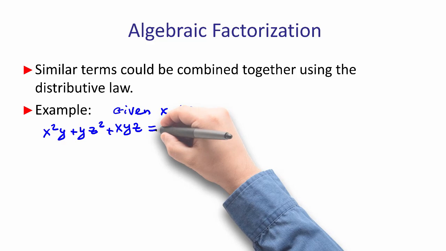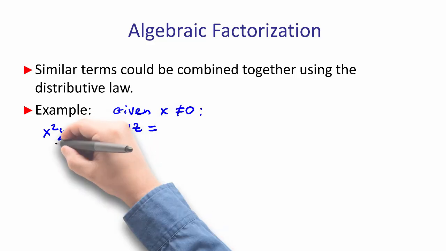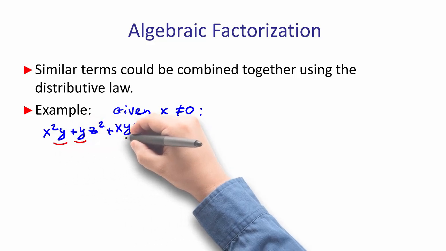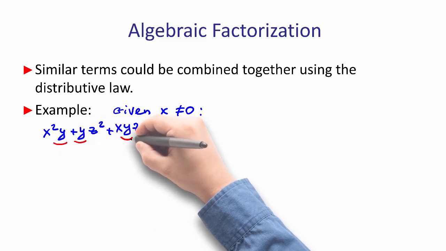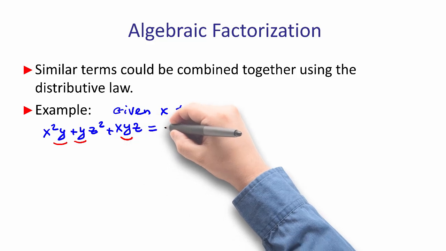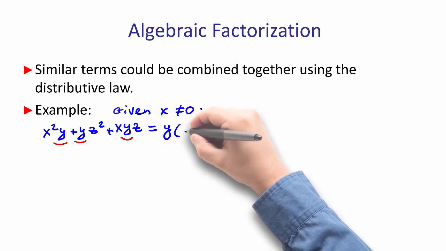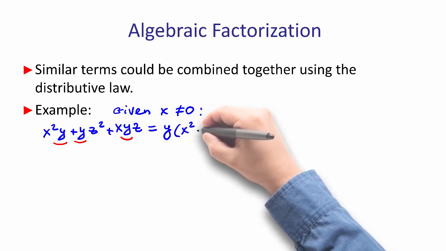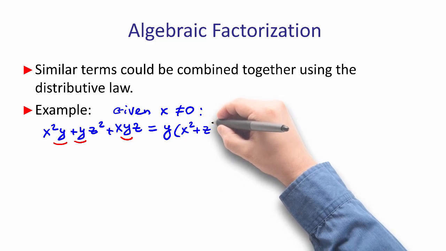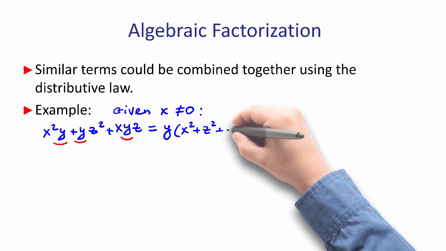Now, we can factorize it in multiple different ways. Obviously, you have the same y here, there, and there, so you can take it out. So you can say that this is y multiplied by x squared plus z squared plus xz.